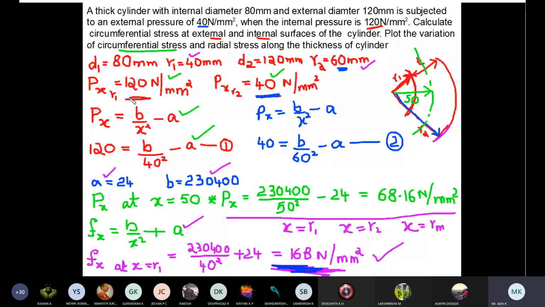Px at x equal to R2, external fluid pressure, is 40. And at the middle, px at x equal to 50, the answer is 68. So we have to plot these 3 values, 120, 68, and 40.